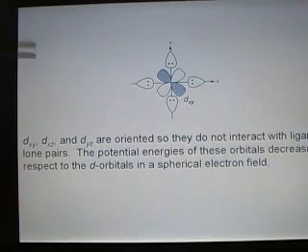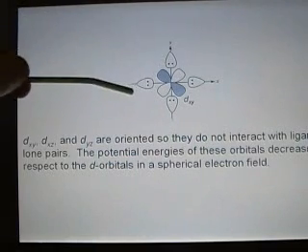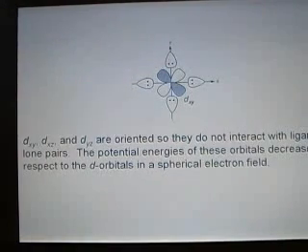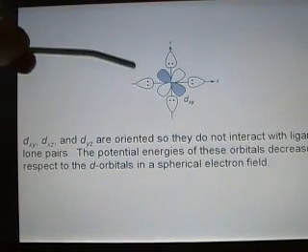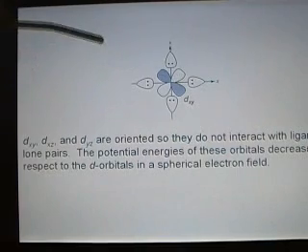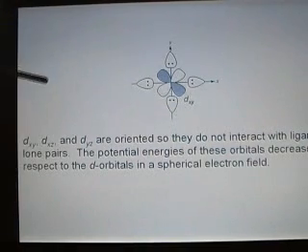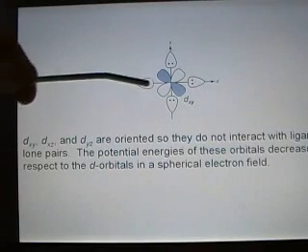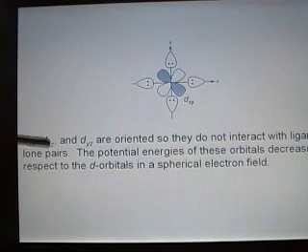So we're showing a different picture now. We have the ligands coming in along the x and y axes. Remember, all 6 ligands are coming in along the x, y, and z axes. Notice that orbitals like the dxy aren't oriented appropriately so that the ligand orbital can overlap with one of the lobes of the d orbitals.